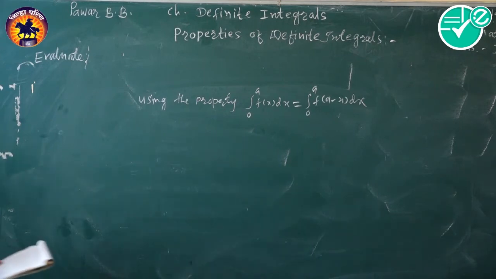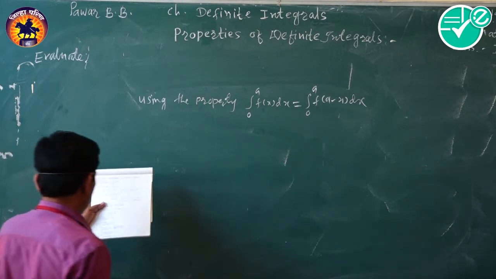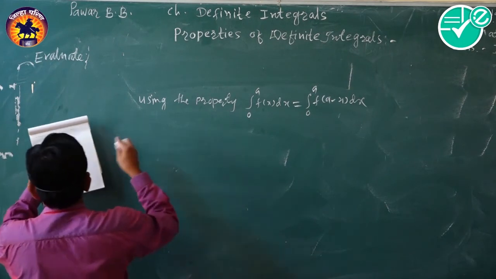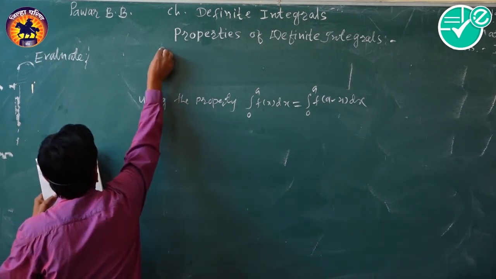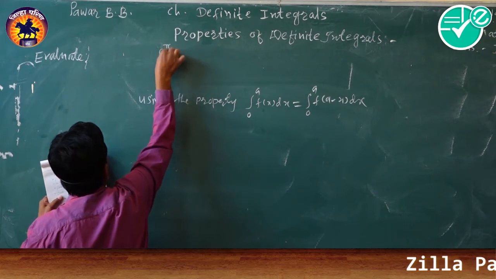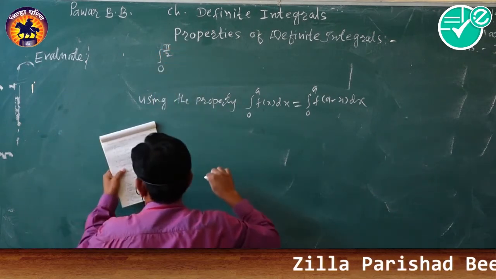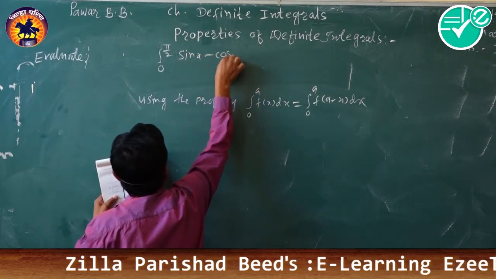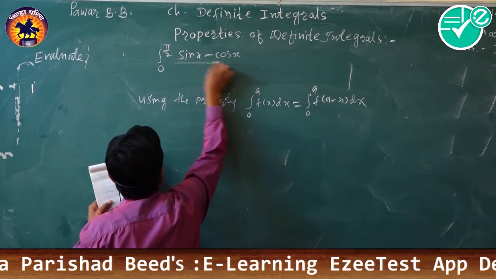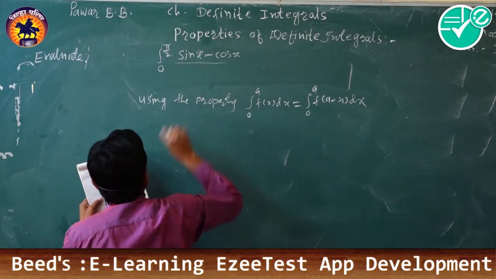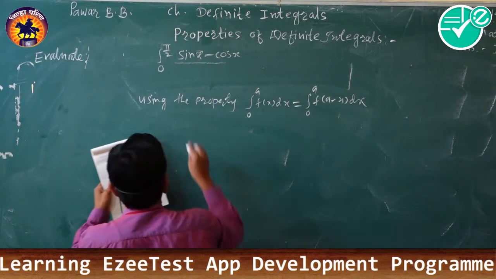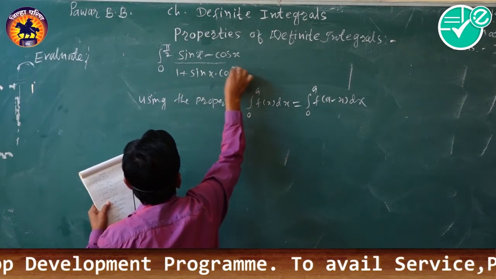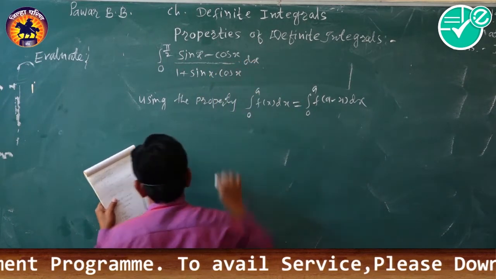Next example 8. Evaluate integration from 0 to pi by 2 of sin x minus cos x divided by 1 plus sin x into cos x dx.